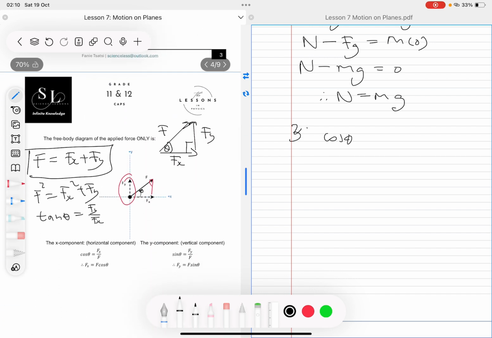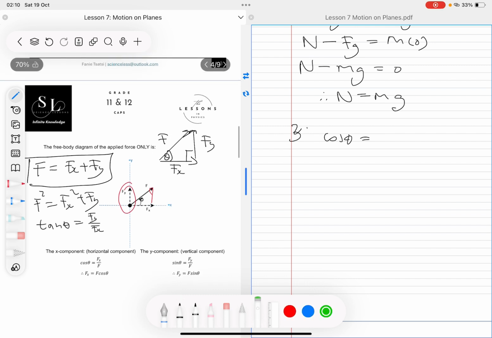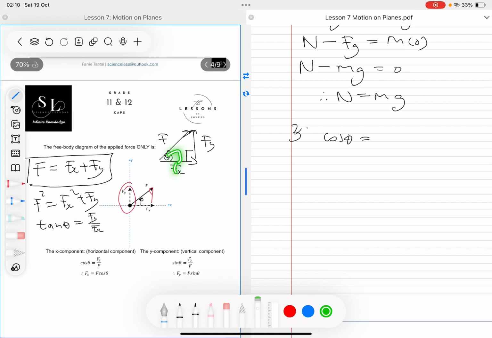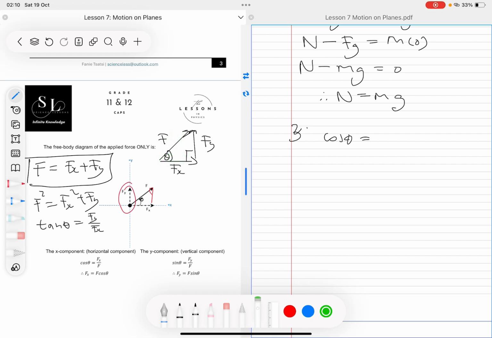The cos of theta is equal to... opposite over hypotenuse is the sine, right? So if I'm looking for a cos, actually it will be adjacent. It will be the adjacent side over the hypotenuse, right?